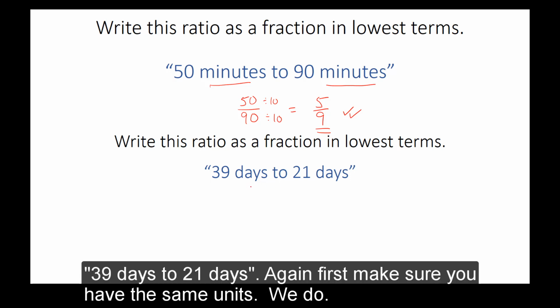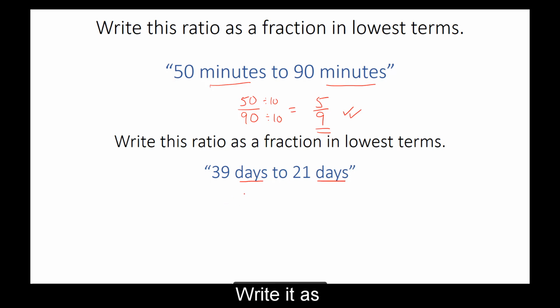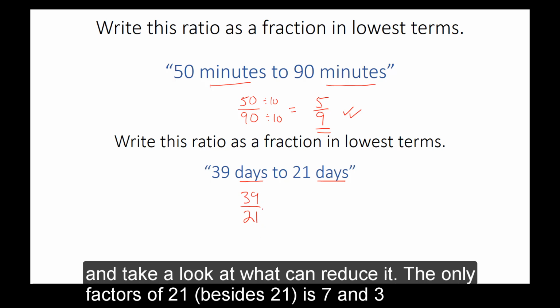39 days to 21 days. Again, first make sure you have the same units. We do. And then write it as 39 over 21. And take a look at what can reduce.